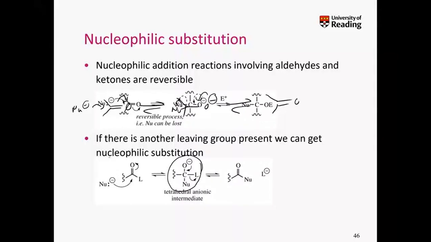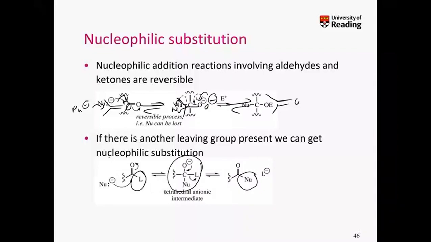But if L is a good leaving group, then instead of the reverse reaction involving the nucleophile leaving, maybe it involves the leaving group leaving. And so what we would effectively do is substitute the leaving group for the nucleophile. So it becomes a form of nucleophilic substitution.